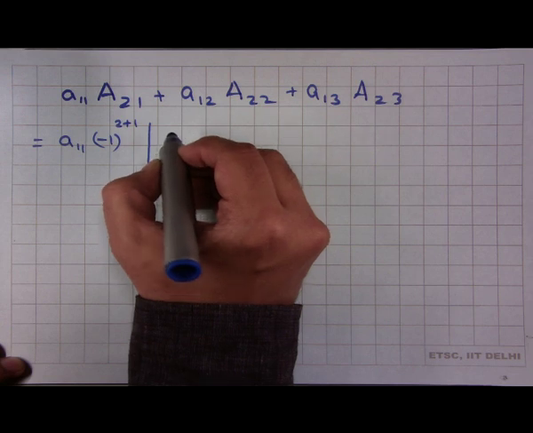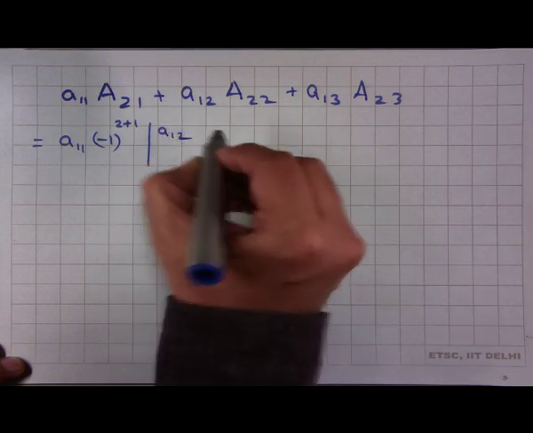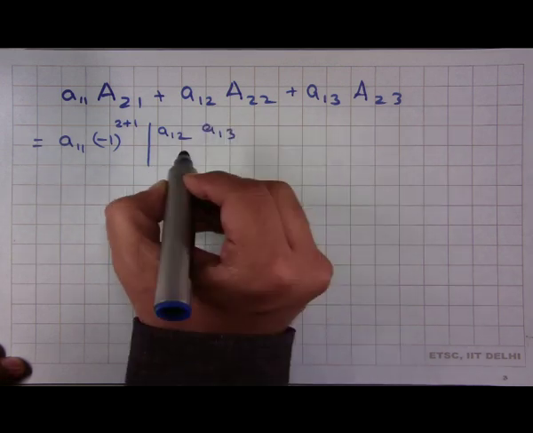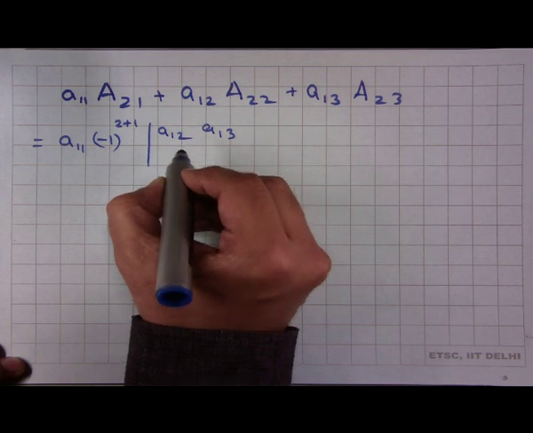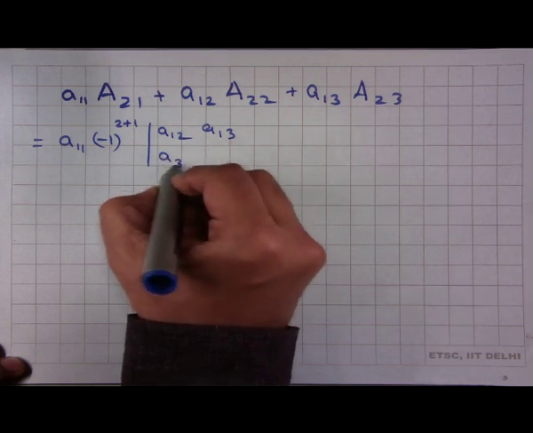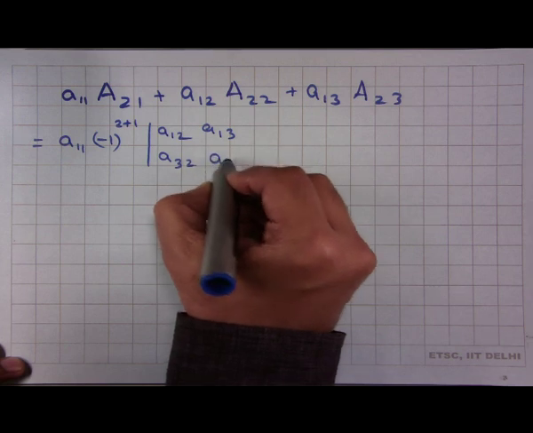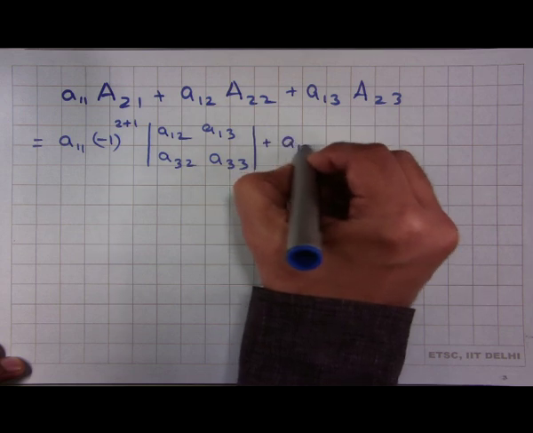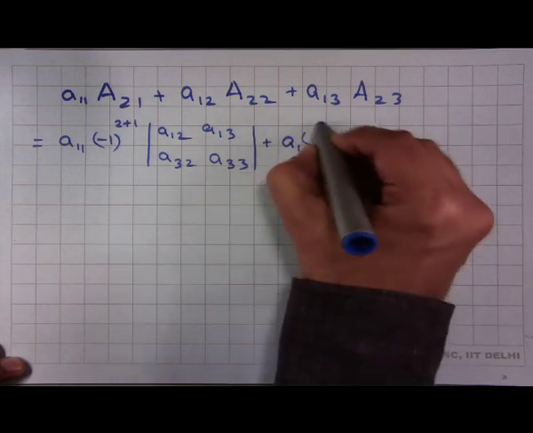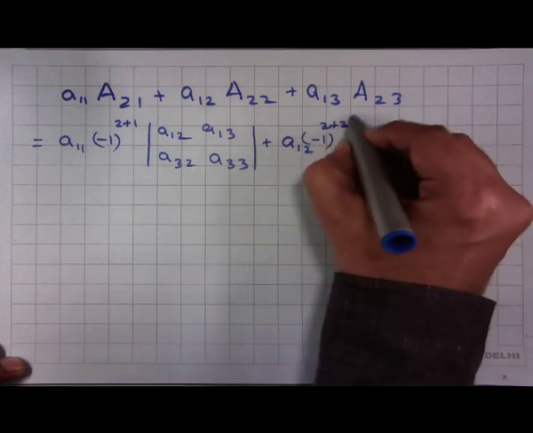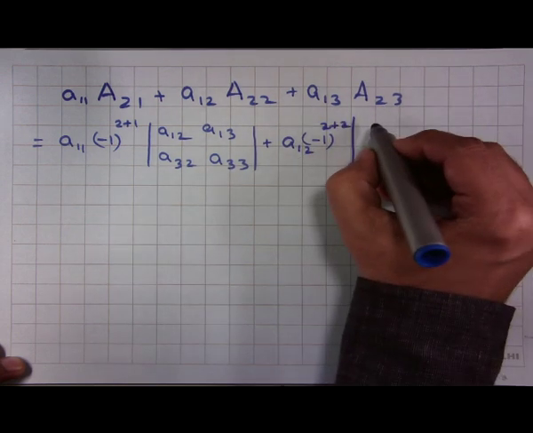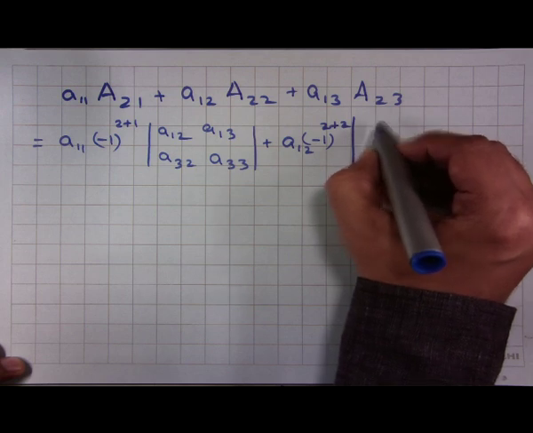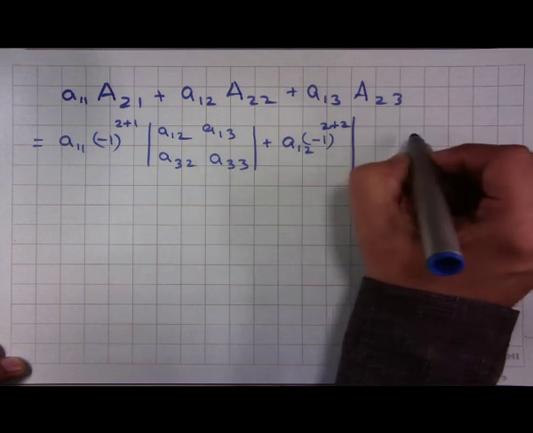So, this is a12, a13, and then a32, a33, okay, plus a12 times minus 1 to the power 2 plus 2 times the determinant of the matrix obtained by deleting the entire row and column of a22.